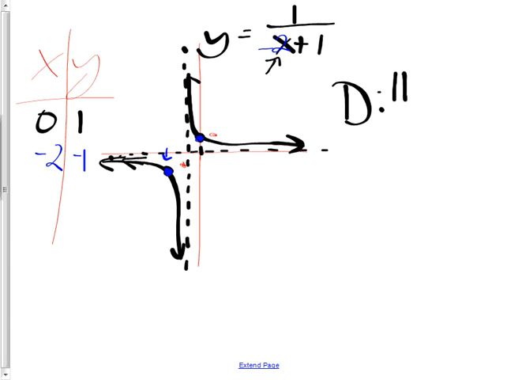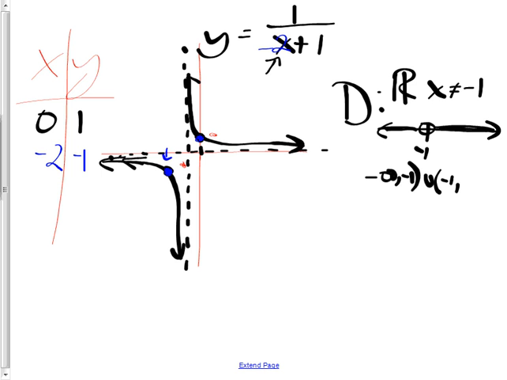So it's all real numbers except x cannot be -1. Or you can make a number line and say that can't be -1. Or you could say from -infinity to -1, union with -1 to infinity. For right now, as you're learning it, all 3 are okay. When you get to be all grown up, I would do this one. That's the way you're going to use it in pre-calc most. The intervals. All right, that's domain.